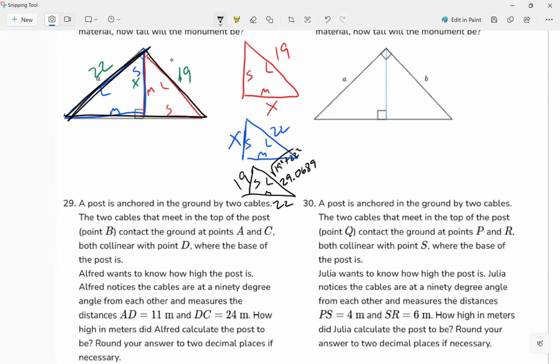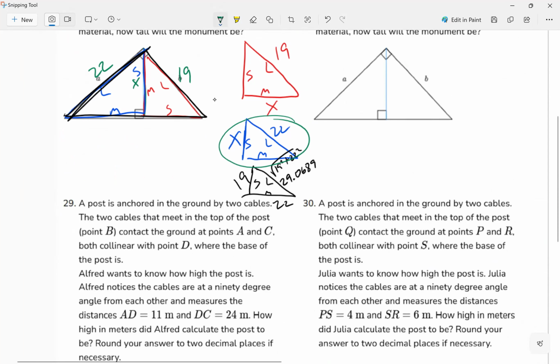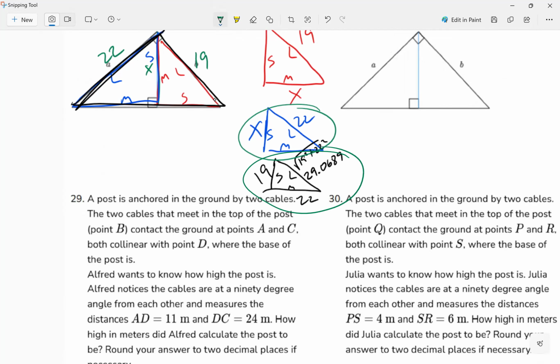Now it doesn't matter which one I use. Let's use the blue triangle with the black triangle. So from the blue triangle, I have the measurements X and 22. X is small, and then the small value in the black one is 19. 22 is the large side, and the large side on the other one is 29.0689.